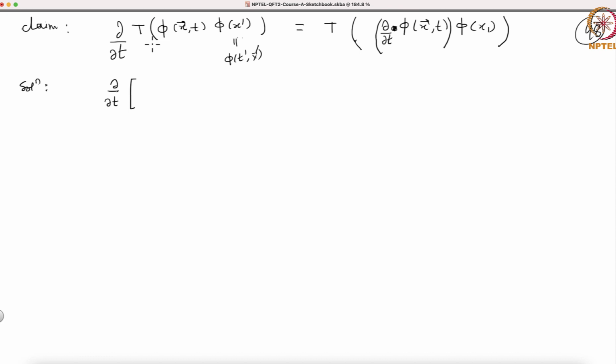What is this object? This is theta of t minus x1 0. That's the step function. Only when t is greater than x1 0, this is 1, otherwise this is 0, times phi x t phi x, okay, x1, not x prime, I am writing x1.